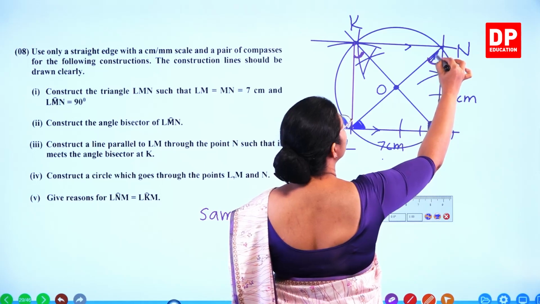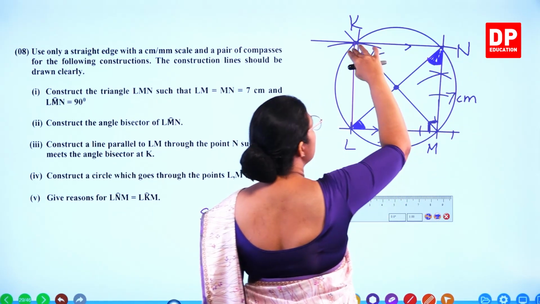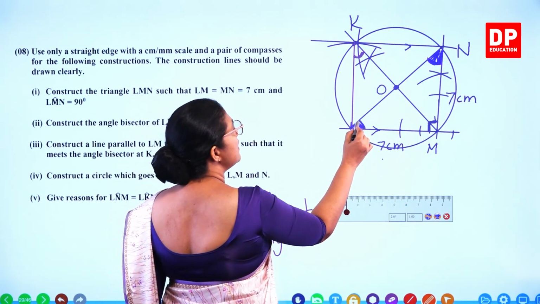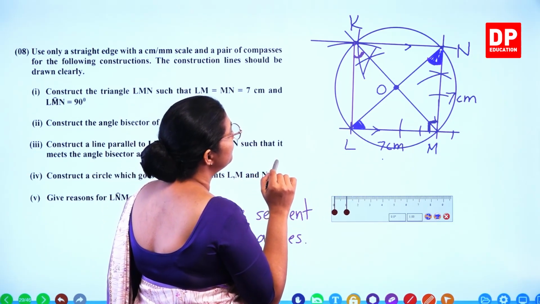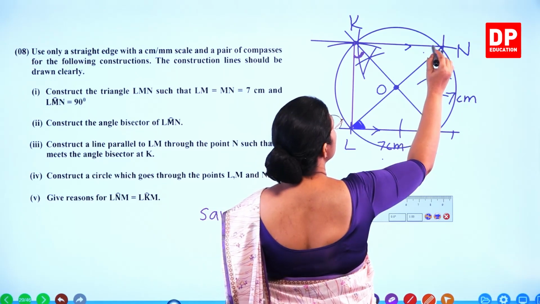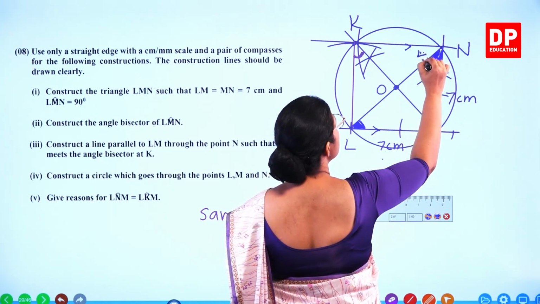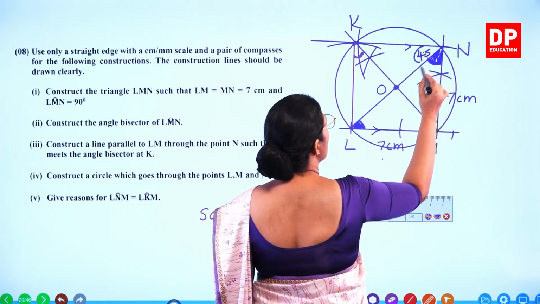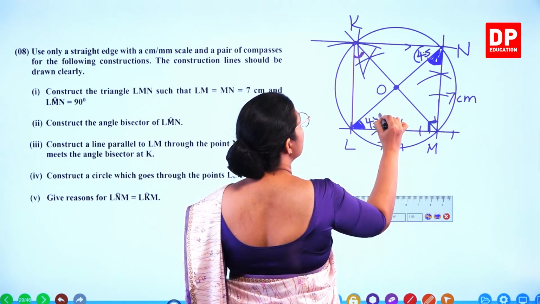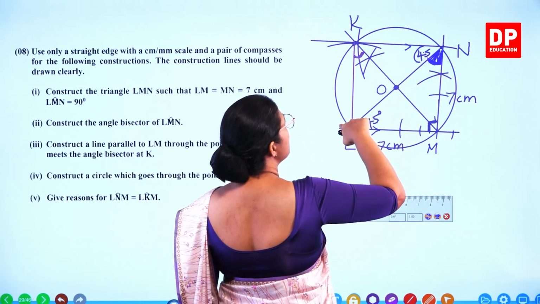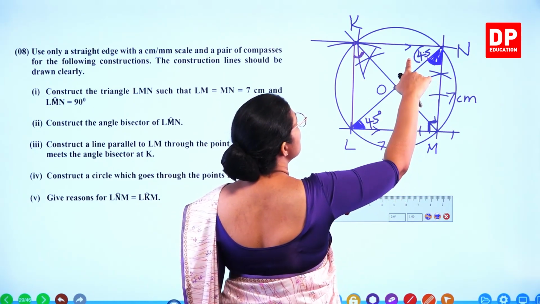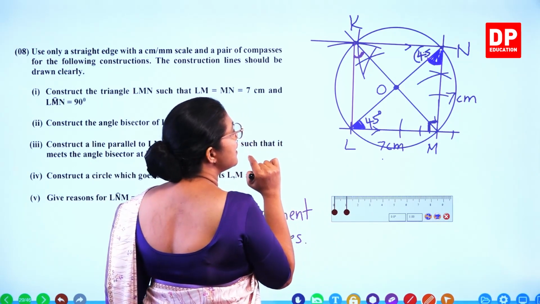But we know that these two lines are parallel. This angle should be equal to this angle as well. So all these are 45 degrees. This is 45. This is also 45, 45. And this is the diameter.